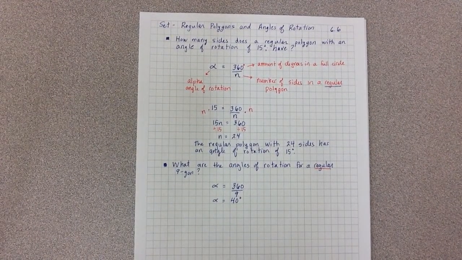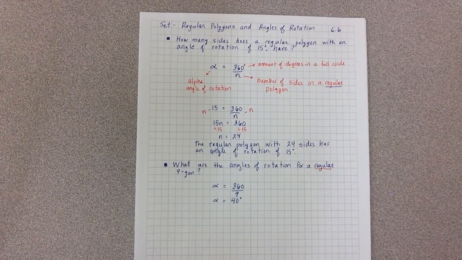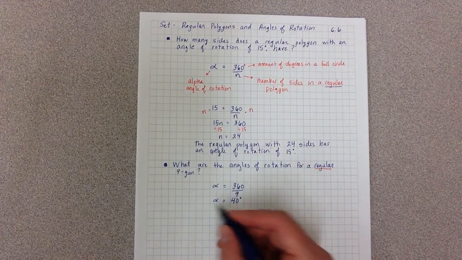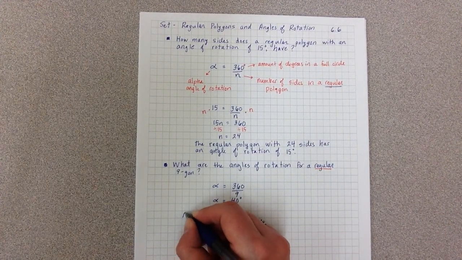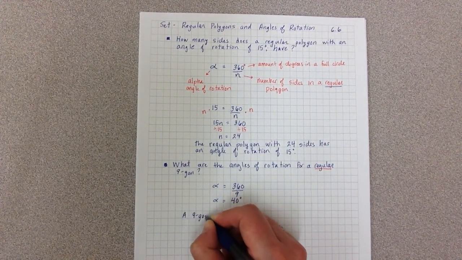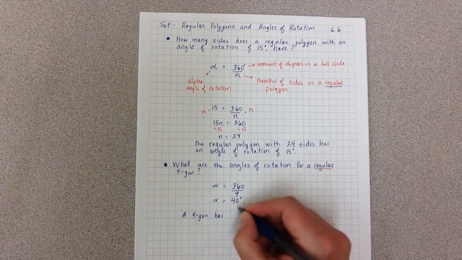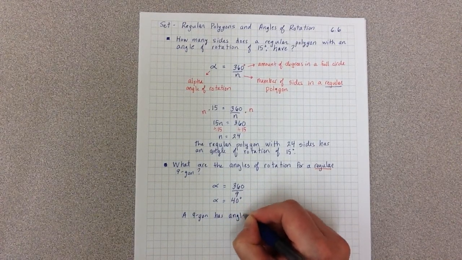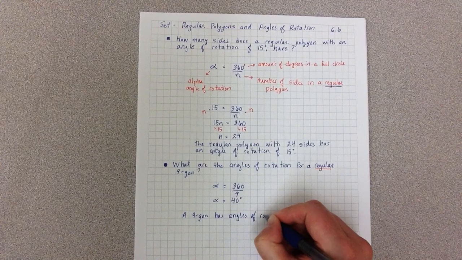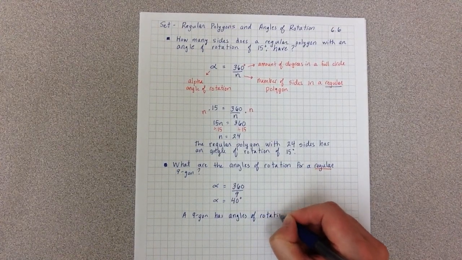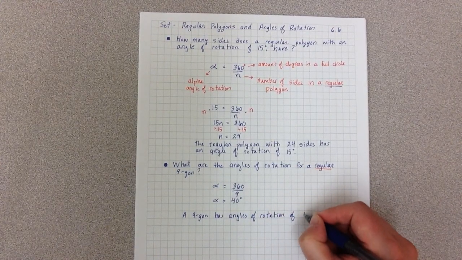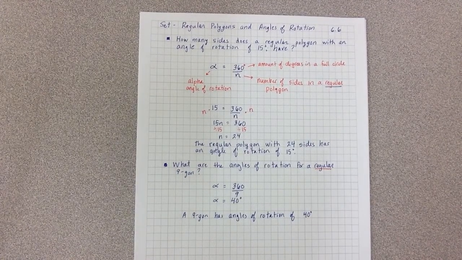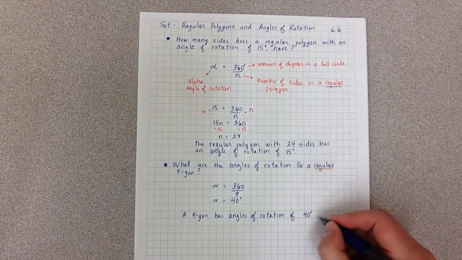Now, remember when we were doing these rotations that I actually have to list all the rotations that go up to 360. So we would say a 9-gon has angles of rotation of 40 degrees, and then we keep adding 40 over and over again.